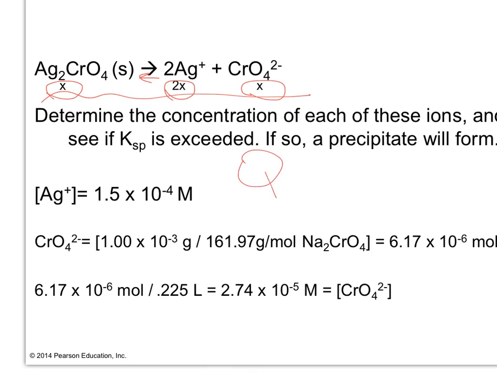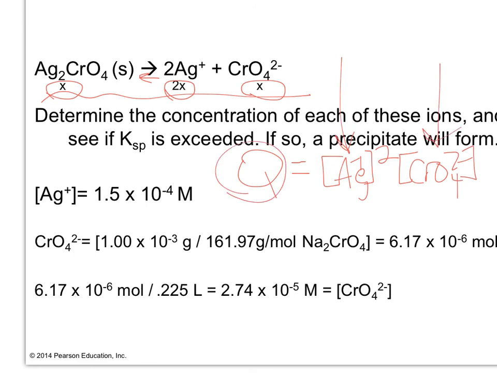So remember, Q is the same math as K. In other words, concentration of the silver ion squared times concentration of the chromate ion. And you're going to plug in these concentration values as they were given in the problem, calculate what Q would be, and then see how Q compares to K.